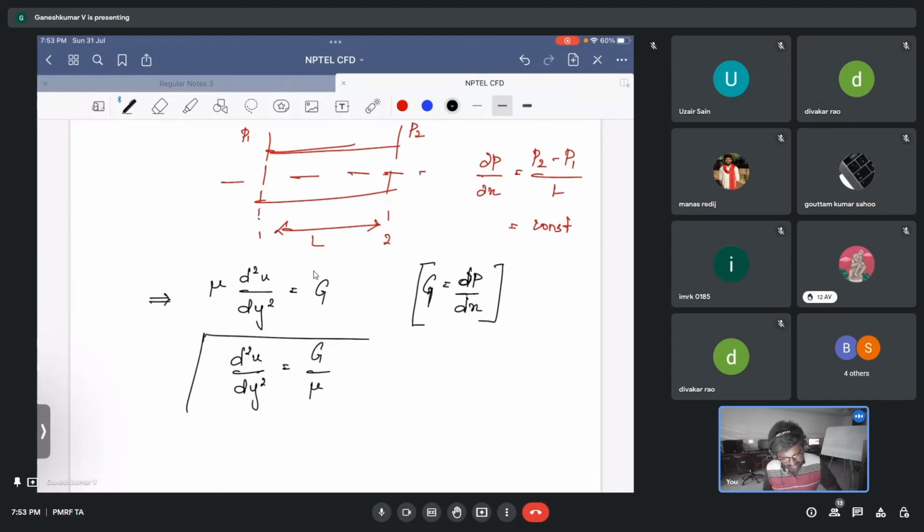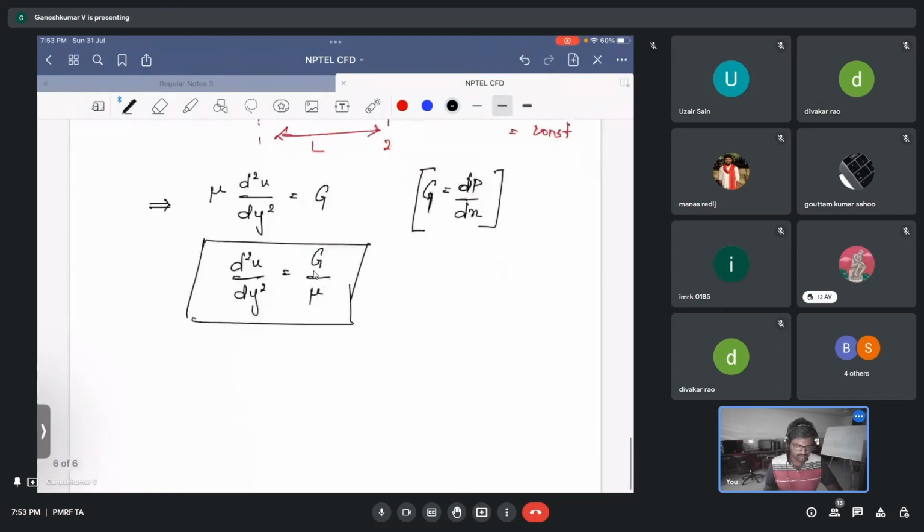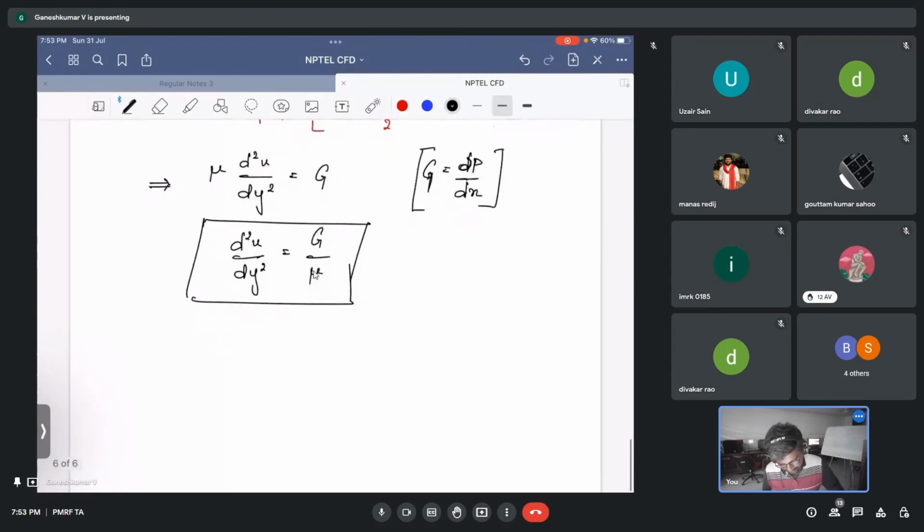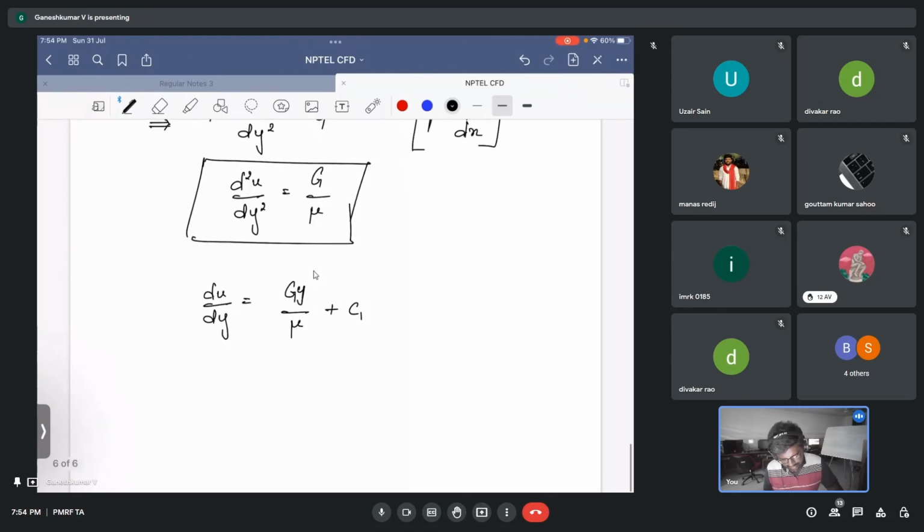It is a simple second order differential equation. Now, is this clear till here? Yes, sir. So what would be the next step? You just need to integrate it once. So it will be du/dy = g y/μ + c1, right? Some integration constant, and u will again be g y²/2μ + c1 y + c2.